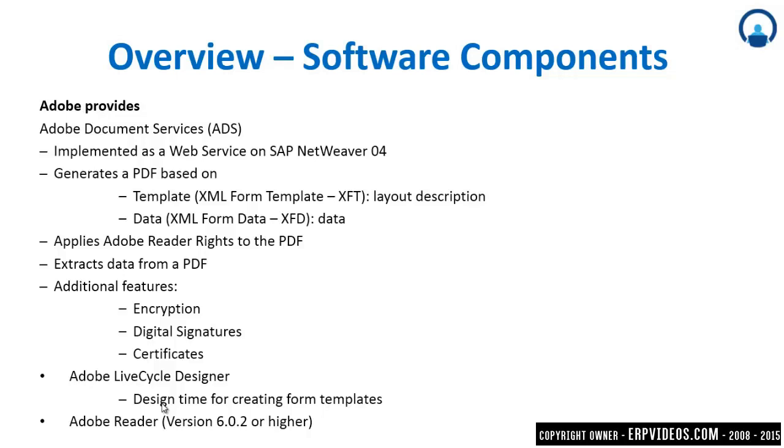Then further it provides Adobe Lifecycle Designer, where we'll design the data for creating the form templates. And we have an Adobe Reader, where it will read the data from the Adobe form and provide the data in a PDF format. So these are some of the software components provided by Adobe.